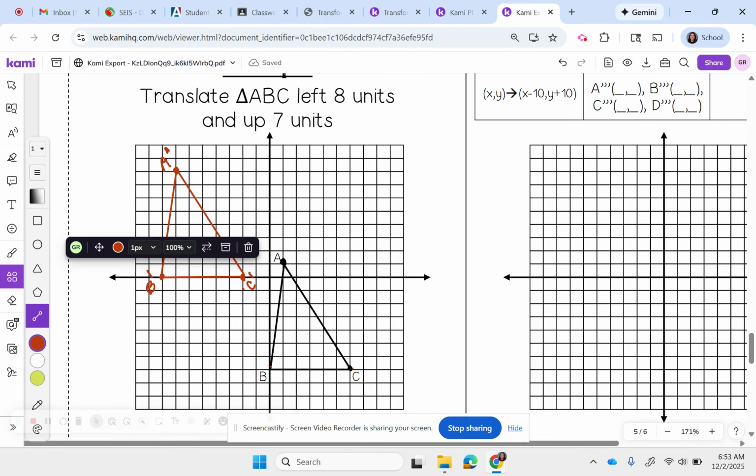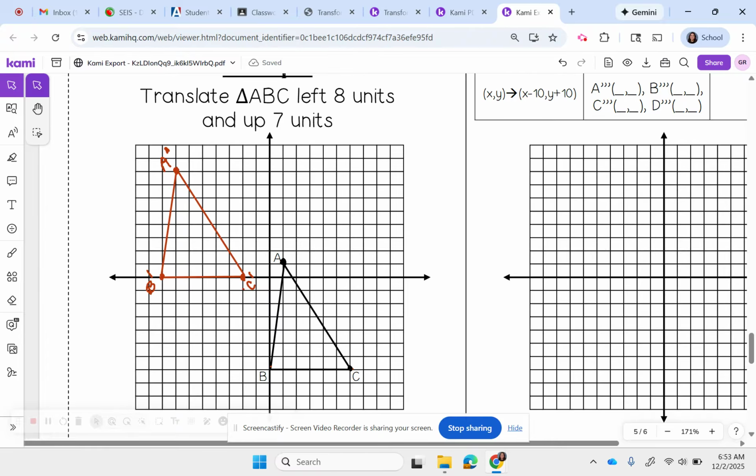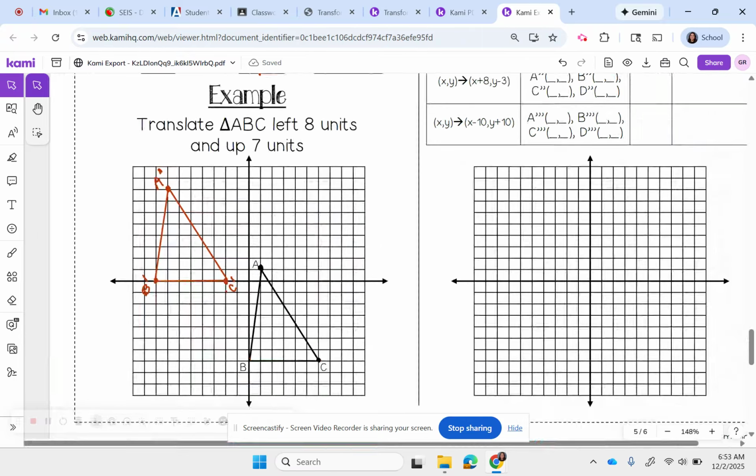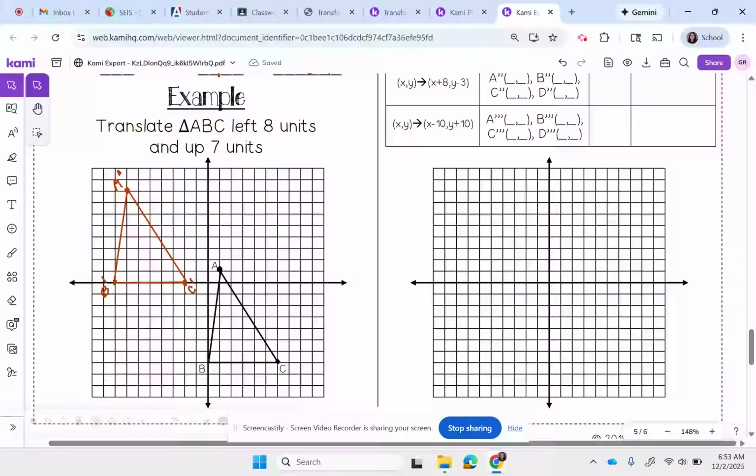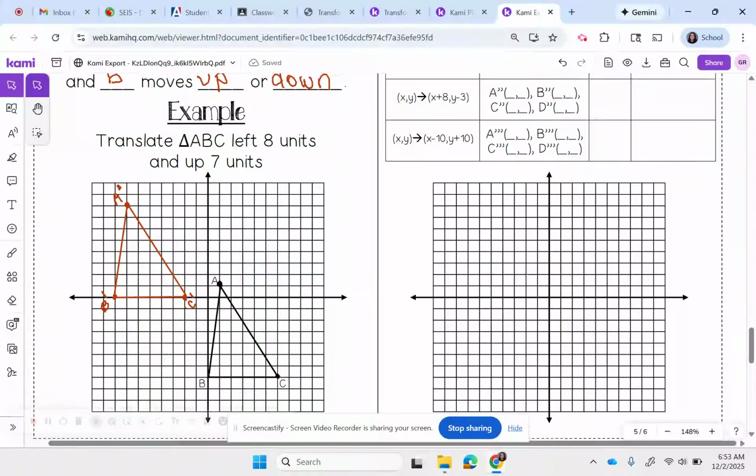So now you have translated a pre-image into its image. So again, that's all we're doing is just following directions on how it wants us to move things, okay? So hopefully there are no questions. Like I said, if you want to go ahead and number your grid, please do that. Let's go ahead and move on.